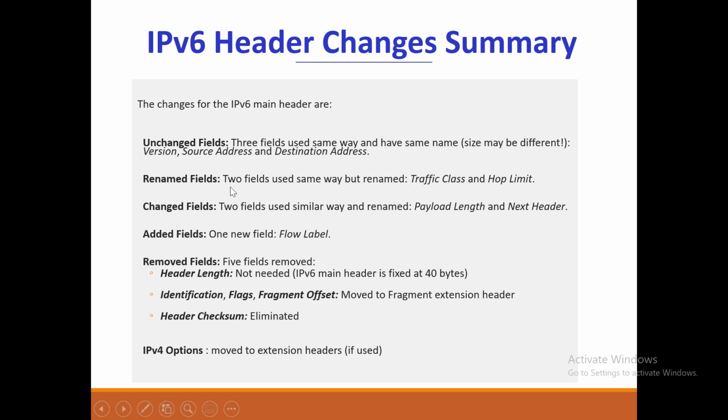So then the next thing you have is the pointer to the next header, which can be either the next extension header or the payload itself. In IPv4, we knew this as the protocol field, but now it is the next header field. Then, of course, a hop limit or TTL, it's the same field, but it has been renamed.